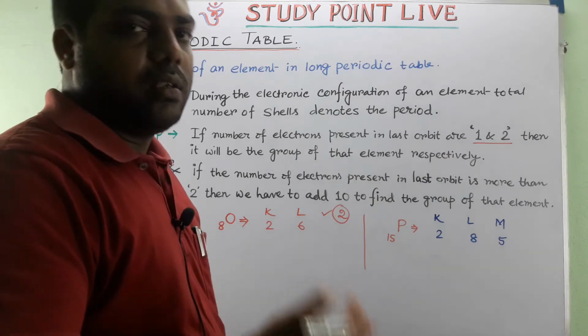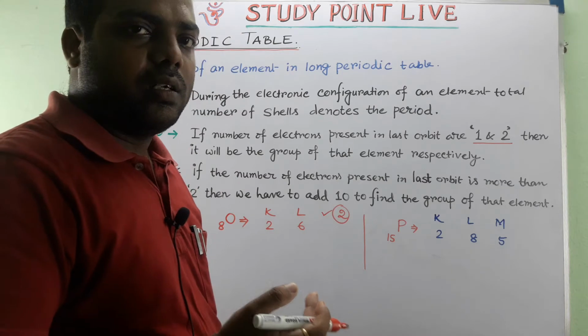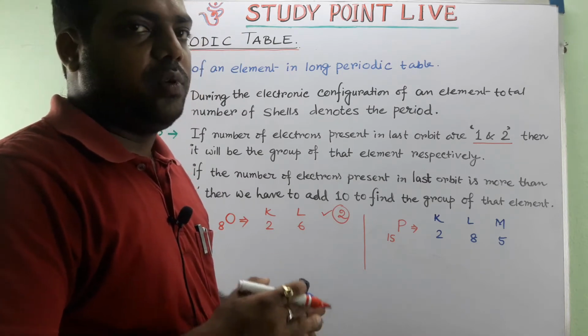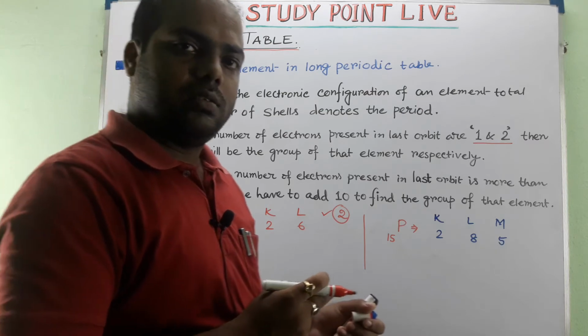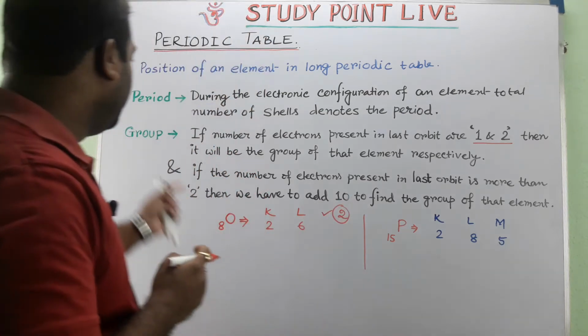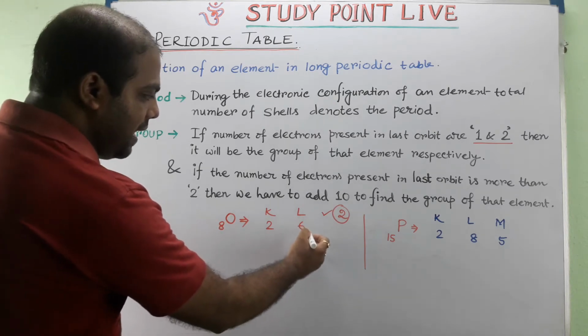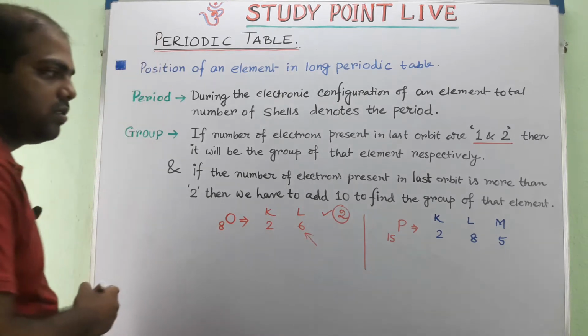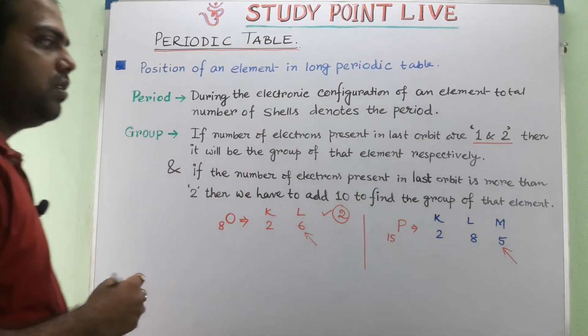If one electron is present, then the group will be 1. If two electrons are present in the last orbit, then the group will be 2. Here oxygen has 6 electrons and phosphorus has 5 electrons in the last orbit.